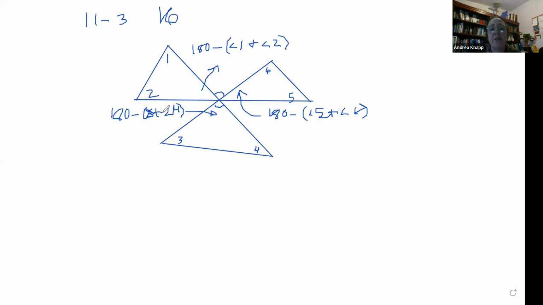So we'll start with this one. We have the 180 minus angle 3 plus angle 4. But because of the vertical angle directly across from that, there's really 2 of those.